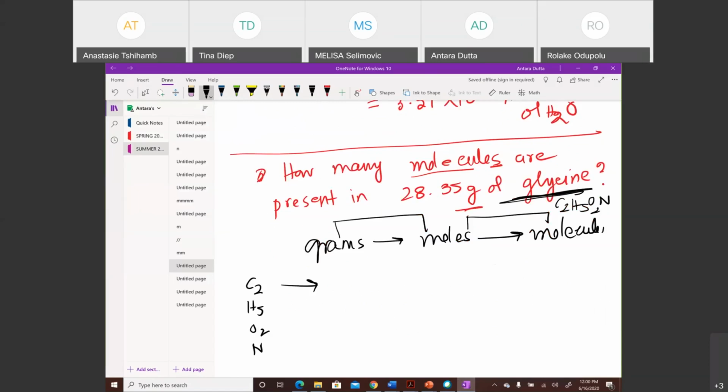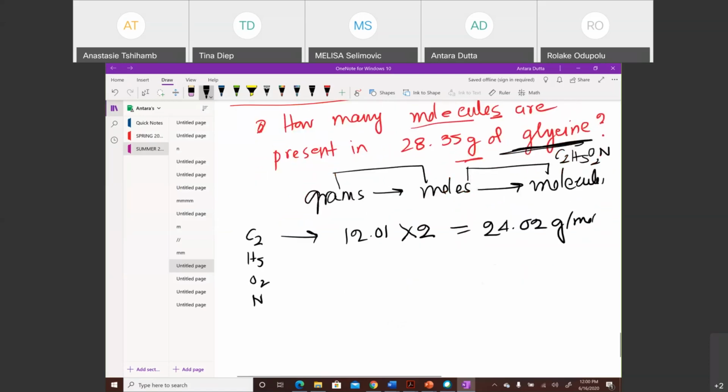So for C, if you look up the periodic table, the molar mass is 12.01. And that should be multiplied by 2 because it is C2. So it is 24.02 grams per mole. And then H5. H5 means hydrogen 1.008 times 5.